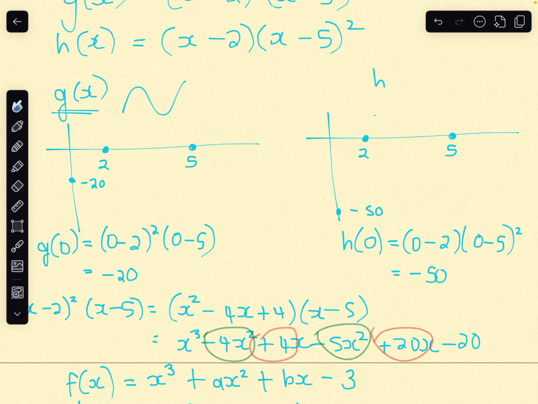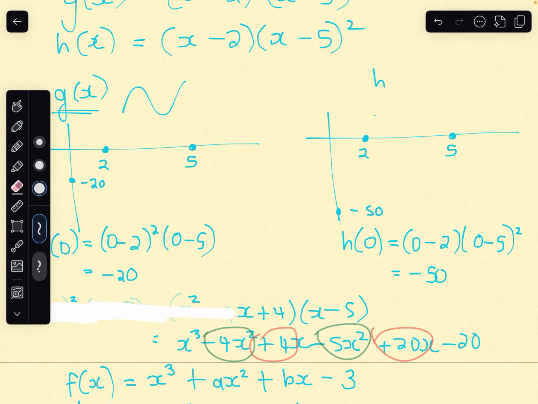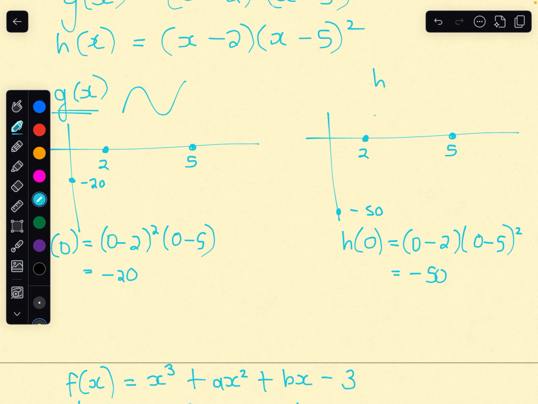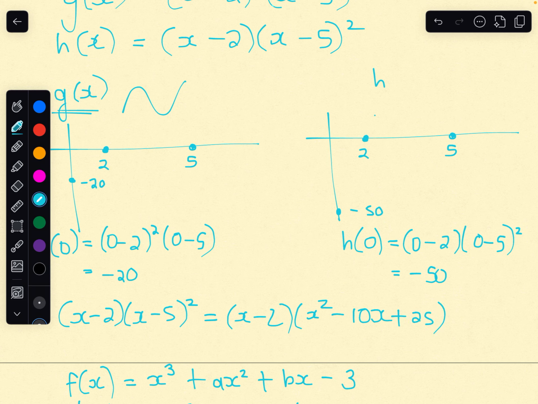And then the next one is x minus 2 times x minus 5 squared. So that will be x minus 2 times x squared minus 5x minus 5x is minus 10x, and minus 5 times minus 5 is positive 25.